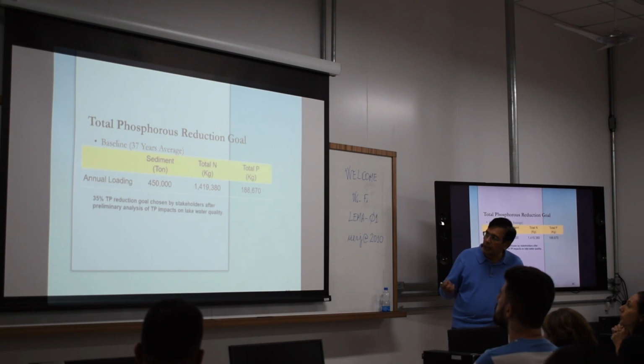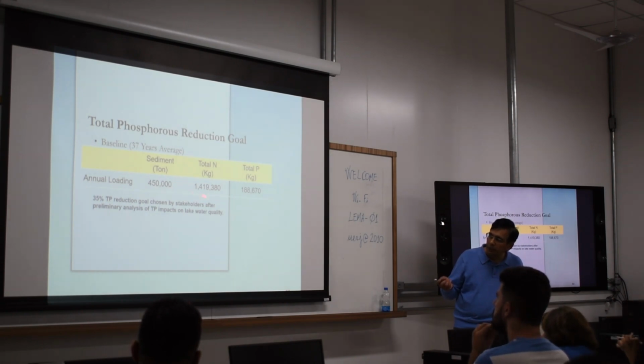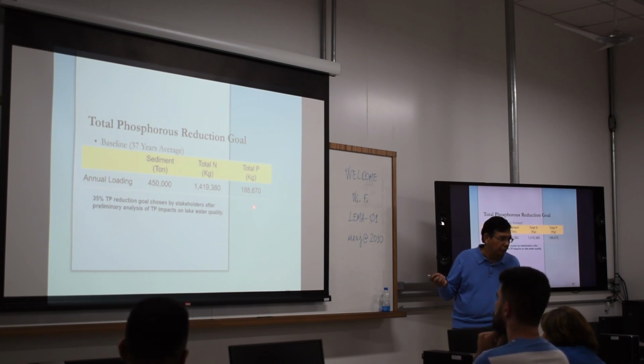So this is the baseline. Based on 37 years of modeling, the annual load is about 450,000 tons of sediment going into this lake. Of that, 1.5 million kilograms is nitrogen and 188,000 kilograms is phosphorus. So they have to reduce this phosphorus by 35%.